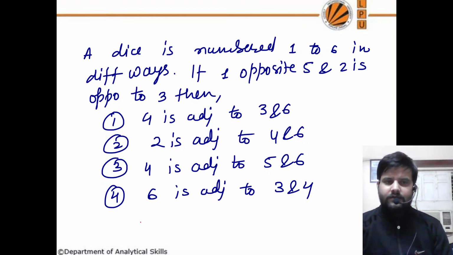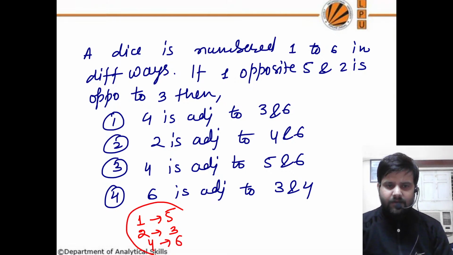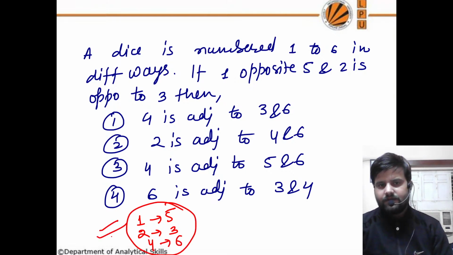All right. So what is given in the question is 1 is opposite to 5 and 2 is opposite to 3. So whatever is left, that will be 4 and 6, which will be opposite to each other. That's the data given in the question.